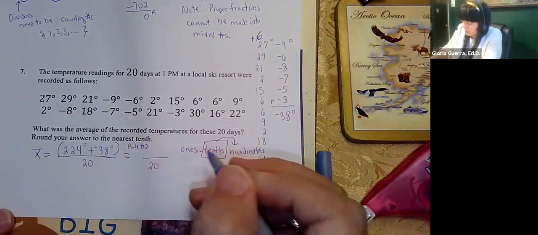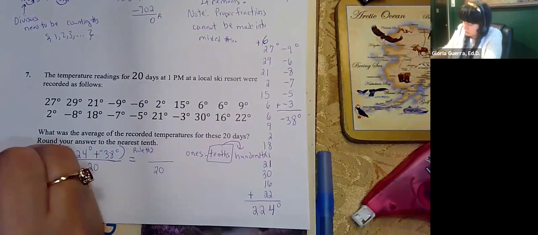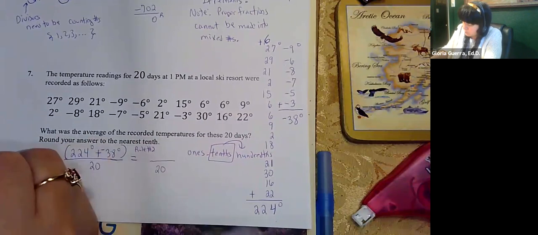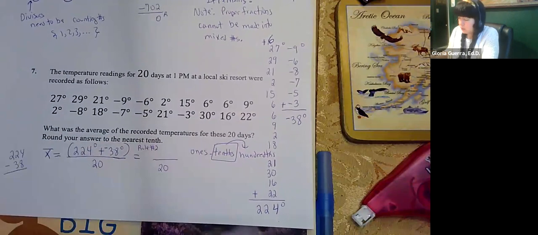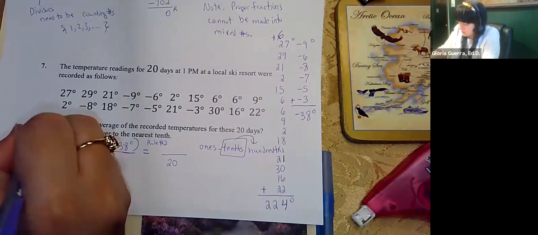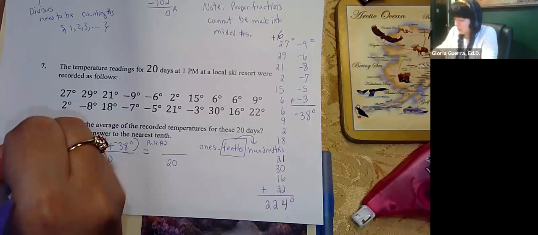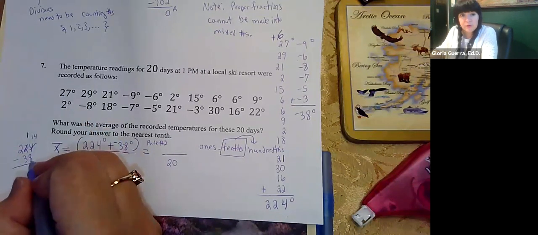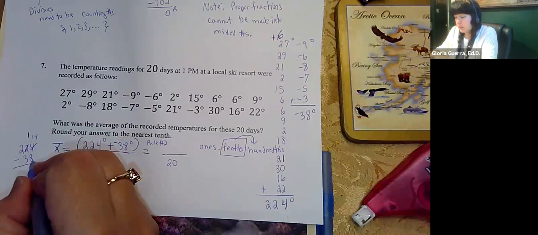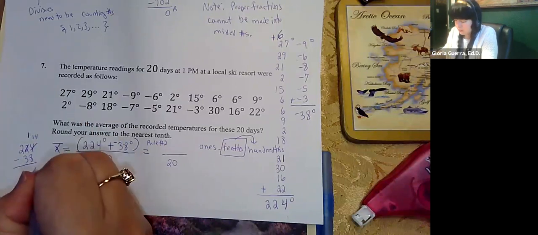So I'm going to subtract, right? You subtract the numbers 224 minus 38. So I'm going to make this a 14. Decrease this 2 and make it a 1. Okay, 14 minus 8, so it means my fingers 8, 9, 10, 11, 12, 13, 14. So it looks like a remainder of 6.